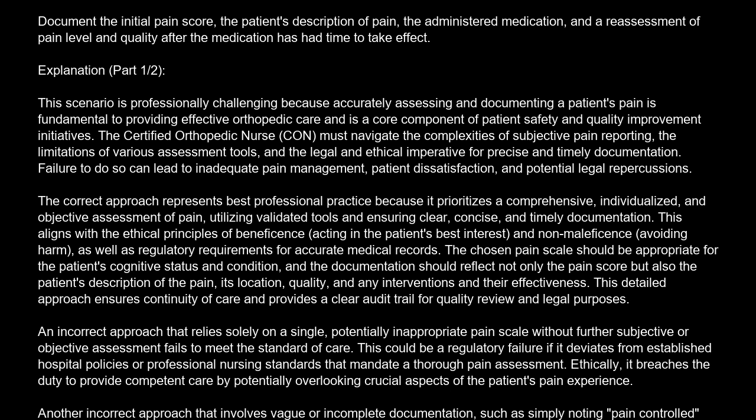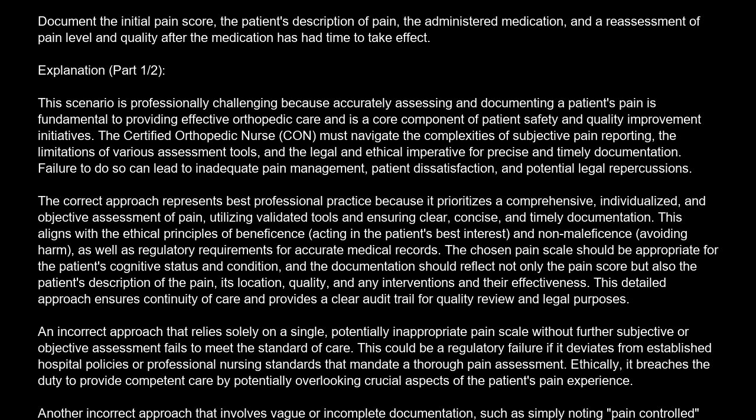The correct approach represents best professional practice because it prioritizes a comprehensive, individualized, and objective assessment of pain, utilizing validated tools and ensuring clear, concise, and timely documentation. This aligns with the ethical principles of beneficence, acting in the patient's best interest, and non-maleficence, avoiding harm, as well as regulatory requirements for accurate medical records.